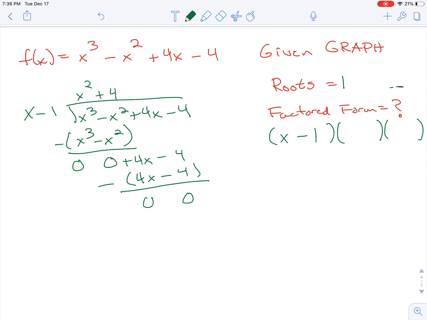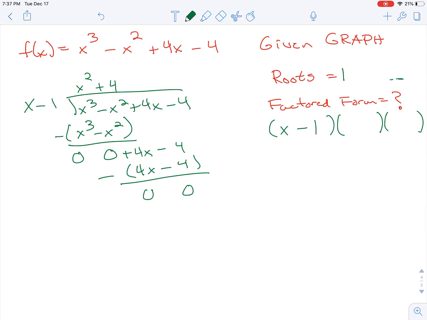Okay. Now some of you probably can already tell what's happening here, but I have x squared plus 4. Now that right there is not in factored form, but this is a rule that we learned, how to turn this into factored form. And when we do that, we go x, we go x, we go plus, we go minus, we go 2i, we go minus 2i.